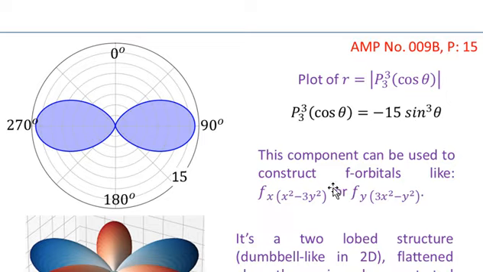And the molecular orbitals that can be constructed using this associated Legendre polynomial are fx times x square minus 3y square, or fy times 3x square minus y square. These f orbitals can be constructed using the associated polynomial of P33.